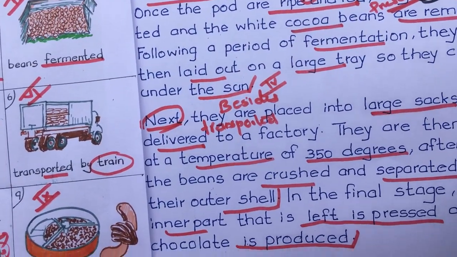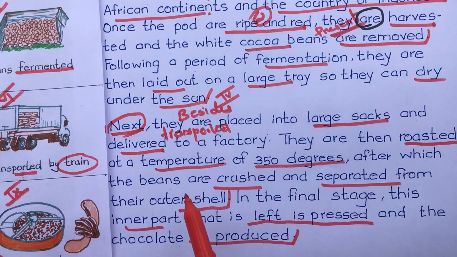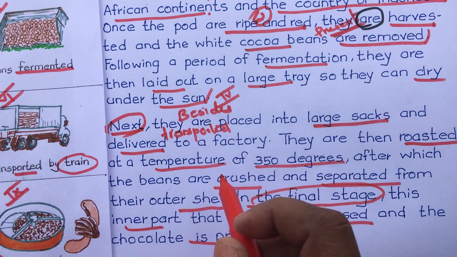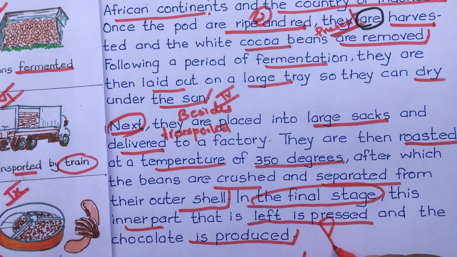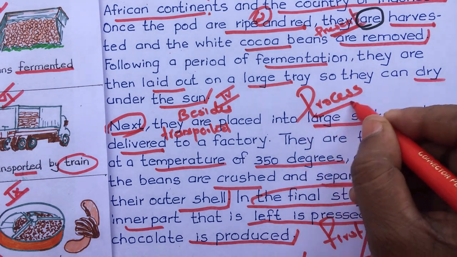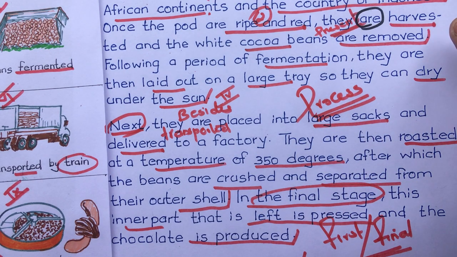Always remember that when you write an essay like this, you have to write about the first stage and the final stage, because the first and final stages are very important in a process, since ours is a process diagram. You have to say in the beginning, or at the beginning, during the first stage, something like that. The beans are plucked or taken out, something like that.